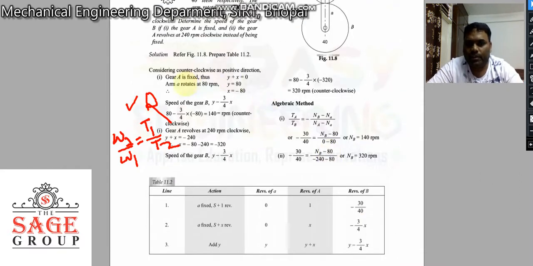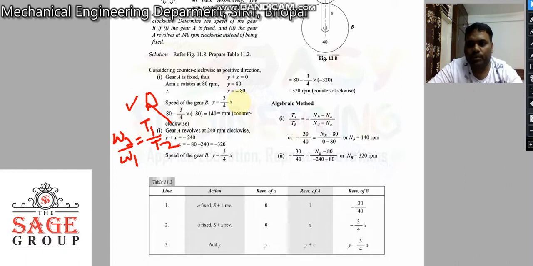In the question, A is fixed, so y plus x is equal to 0. Then y is given: the speed of the arm is 80 rpm. In this problem they have considered counterclockwise as positive, so y is equal to 80 and x will be -80.